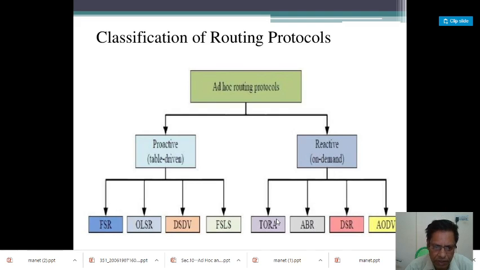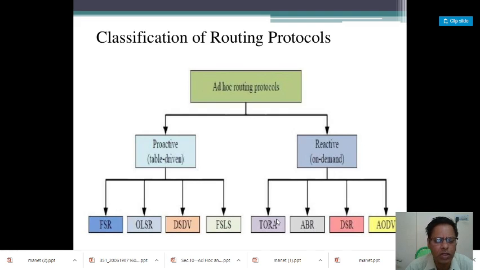FSLS is Fisheye State Location Routing, a proactive routing protocol.